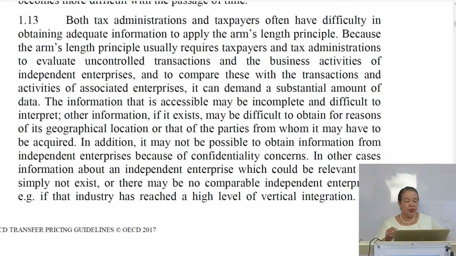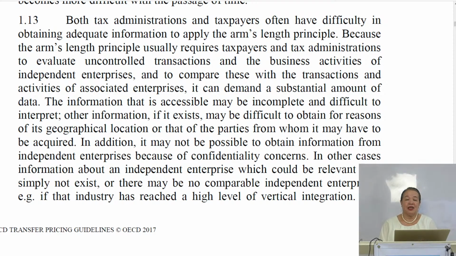Because the arm's length principle usually requires taxpayer and tax administrations to evaluate uncontrolled transactions and the business activities of independent enterprise, and to compare this with the transactions and activities of associated enterprises, then it can demand a substantial amount of data.